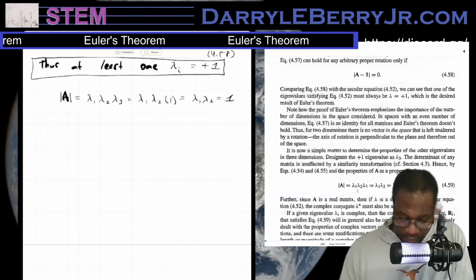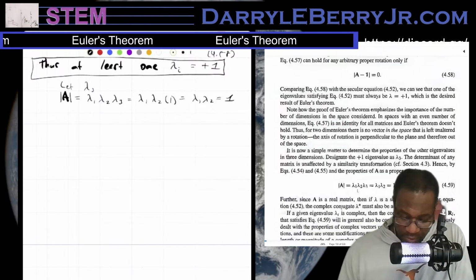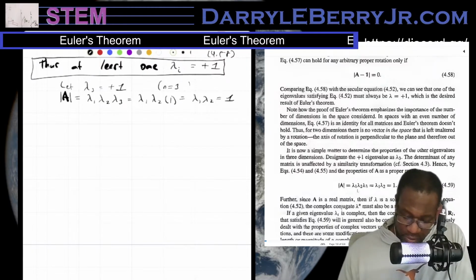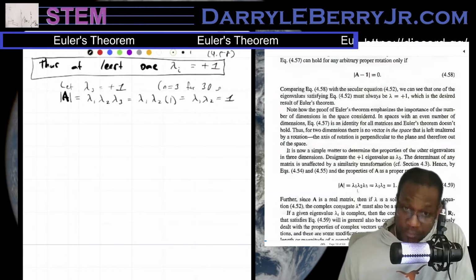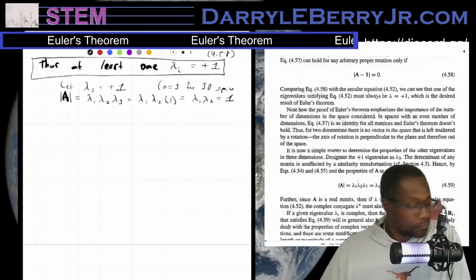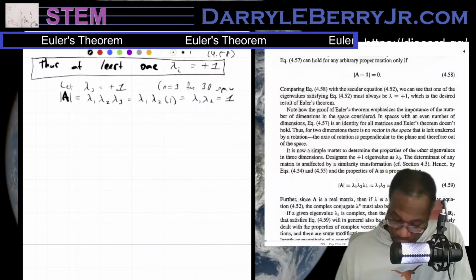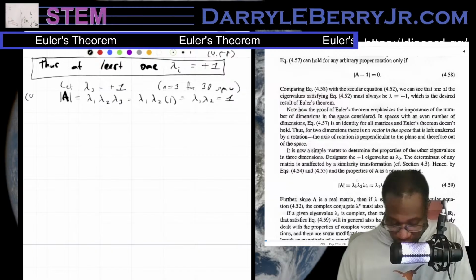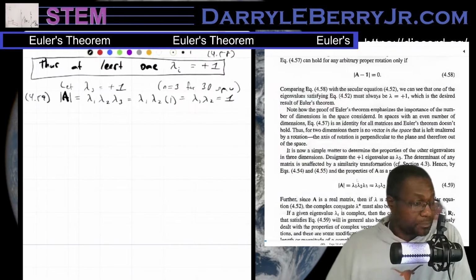We're letting lambda 3 equal plus 1 and n equals 3 for 3D space. And this is 4.59.